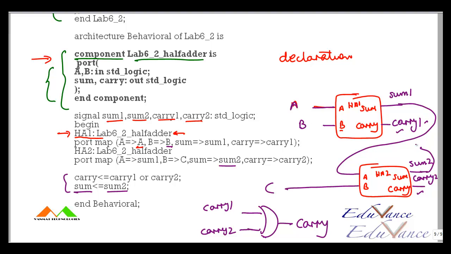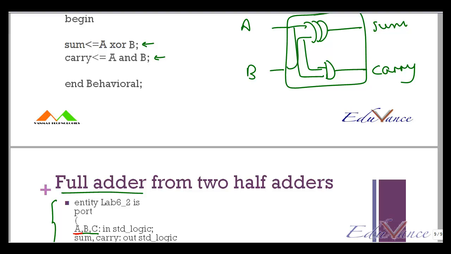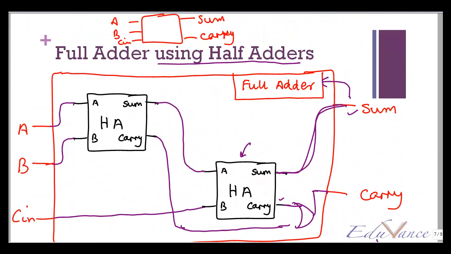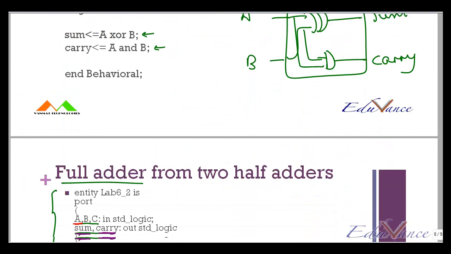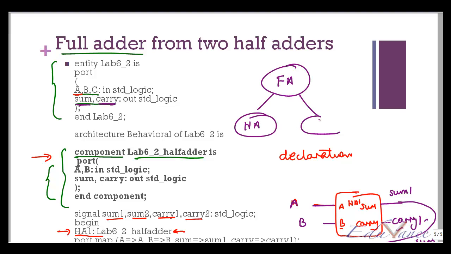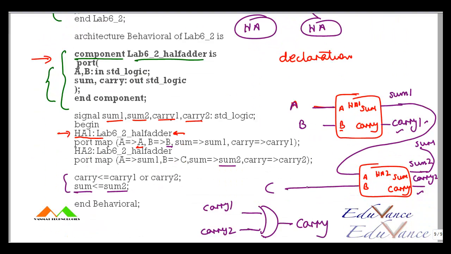So this would go as sum. Now if you see, this is the same as this design. So we have achieved the making of a full adder using two half adders and some concurrent logic.